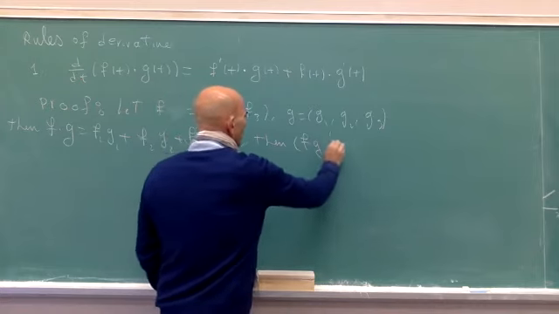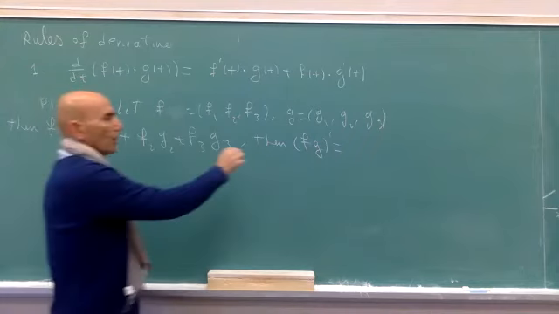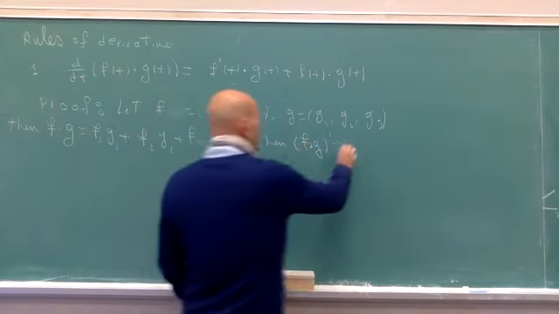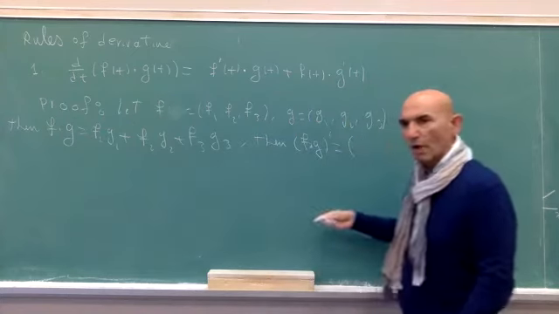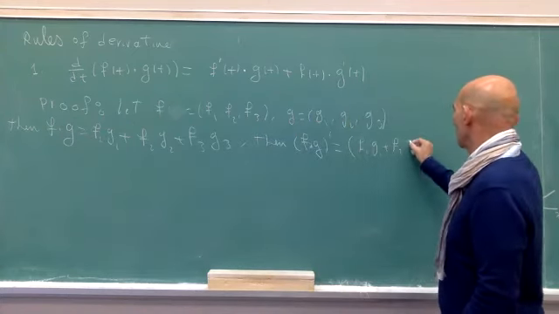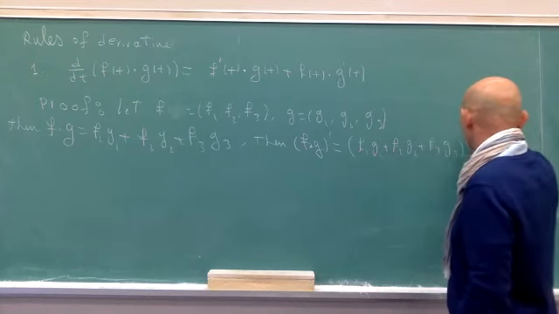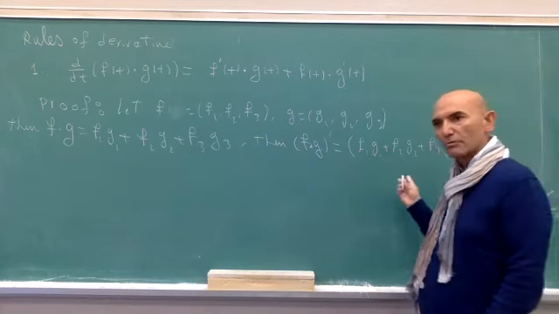That's what we want to do: we want to calculate the derivative of the dot product, right? So this is equal to the derivative of f1 g1 plus f2 g2 plus f3 g3.